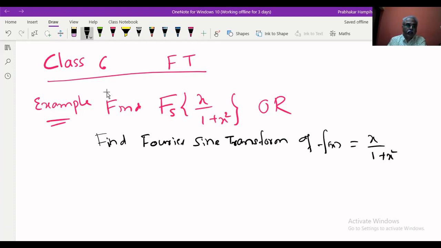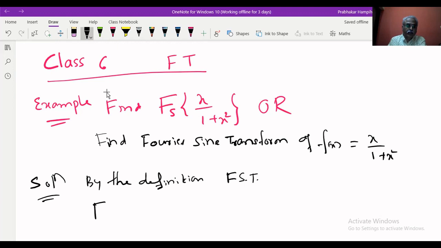Now it is very clear that we'll have to consider the definition of Fourier sine transform. What it says: Fourier sine transform of any function f of x from x domain to s domain, we are transferring it. Some function of s we get, but to make it clear, this symbol tells that it is a sine transform.